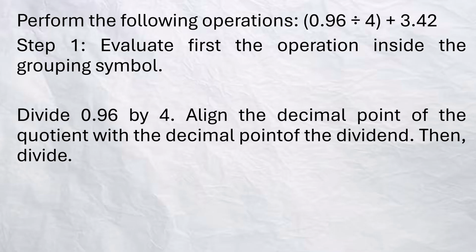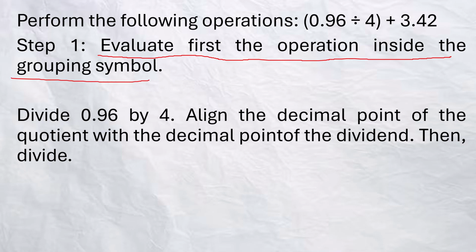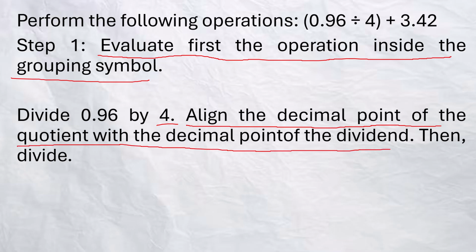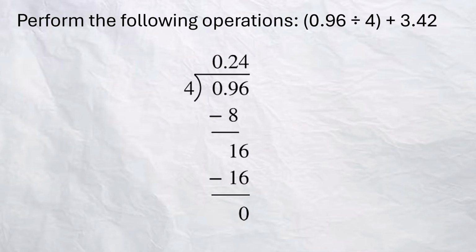For step 1, we need to evaluate first the operation inside the grouping symbol. So we need to divide 0.96 by 4 and then align the decimal point of the quotient with the decimal point of the dividend, and then we get the answer. So here is the solution. 0.96 divided by 4. 9 divided by 4 is 2. 2 times 4 is 8. 9 minus 8 is 1.